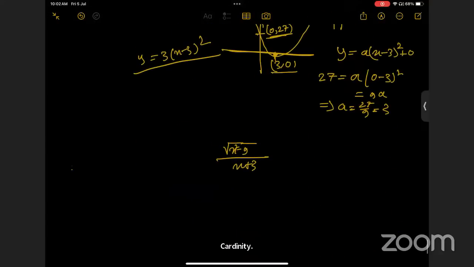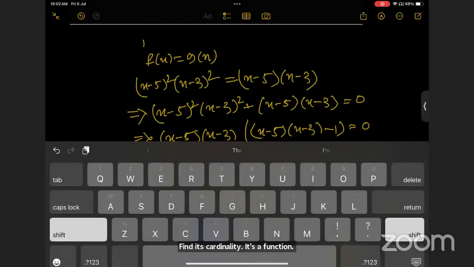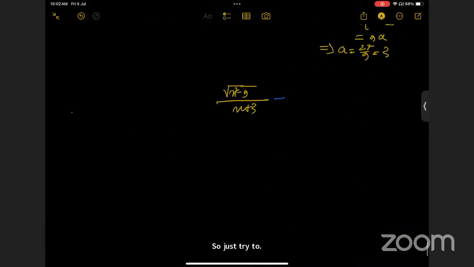Ma'am, please tell the question that you wrote on the screen at the last, cardinality. This one? Yes, ma'am. So what was your question exactly? Ma'am, we have to find its cardinality. It's a function. I think you have to find the number of x such that this is satisfied, right? Yes, ma'am. x can't be minus 3, and in the numerator, x can't be less than 0.